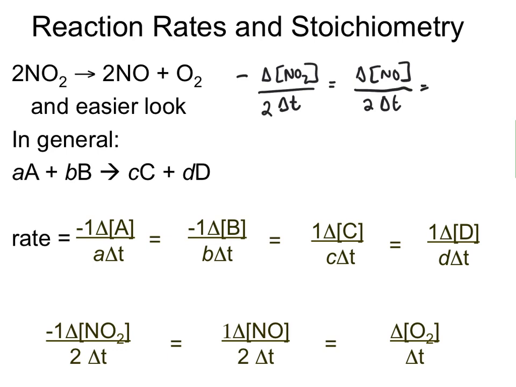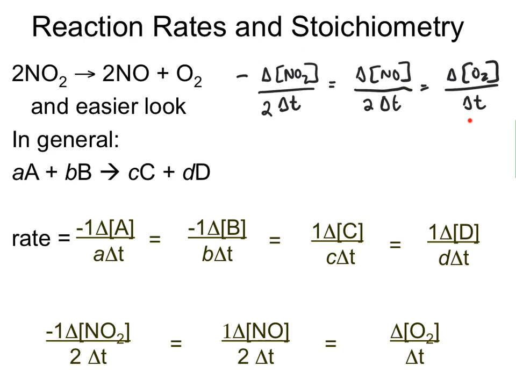Lastly, guys, the rate of appearance of O2 is going to be positive, and because the coefficient in front of the O2 molecule is 1, we're just going to have delta t down below here. So this is how each of the rates are related to one another. Basically, the rate of appearance of O2 is going to occur at half the rate of the appearance of NO, or half the rate of disappearance of NO2.